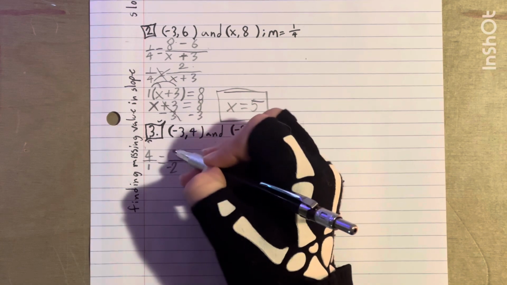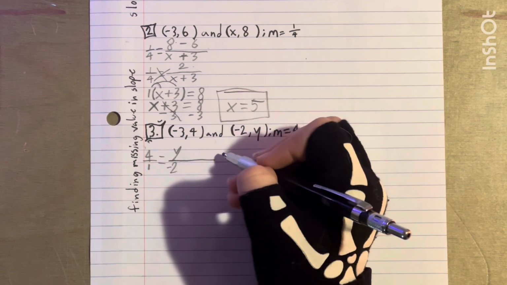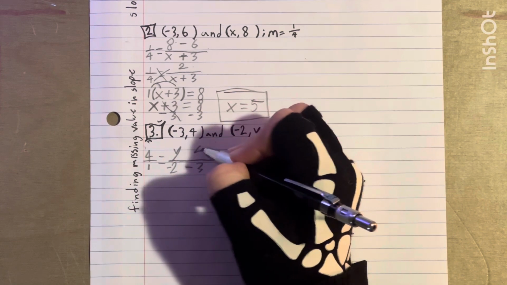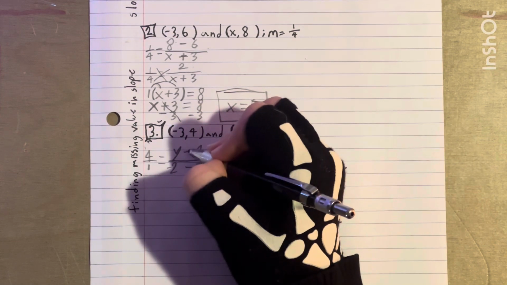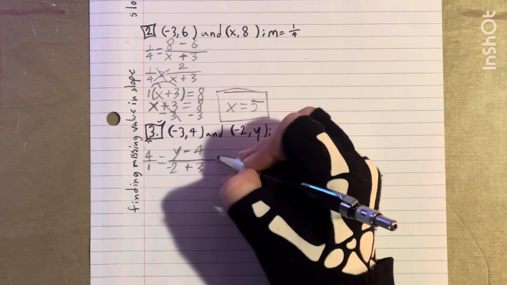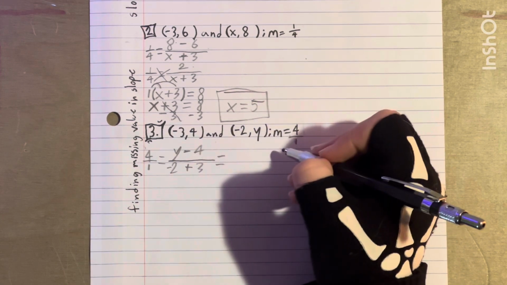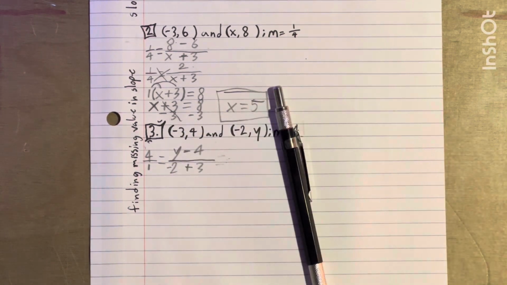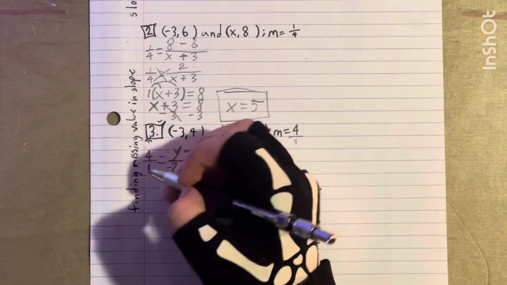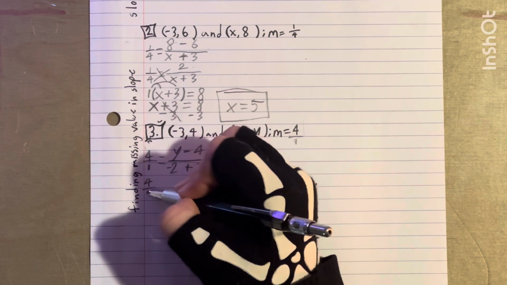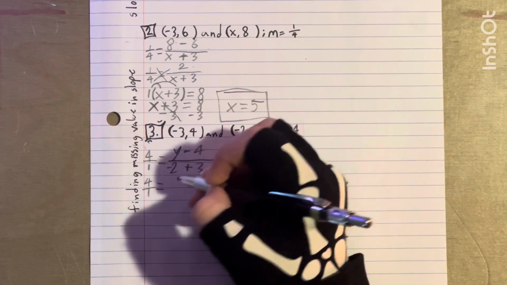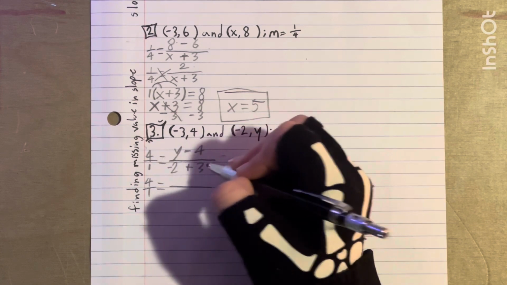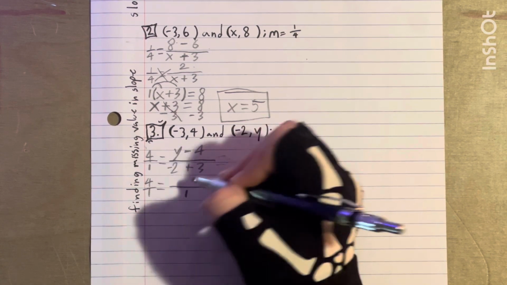Negative 2 under y, negative 3 under 4. Make your 4 negative, make your 3 positive. So 4 over 1 equals negative 2 plus 3 equals 1.